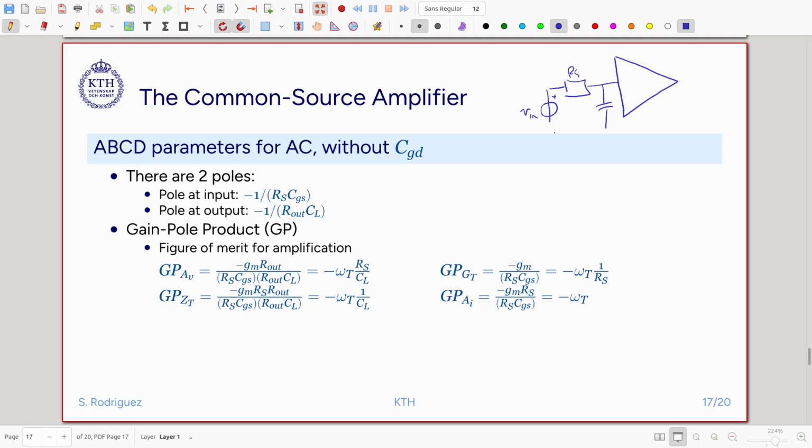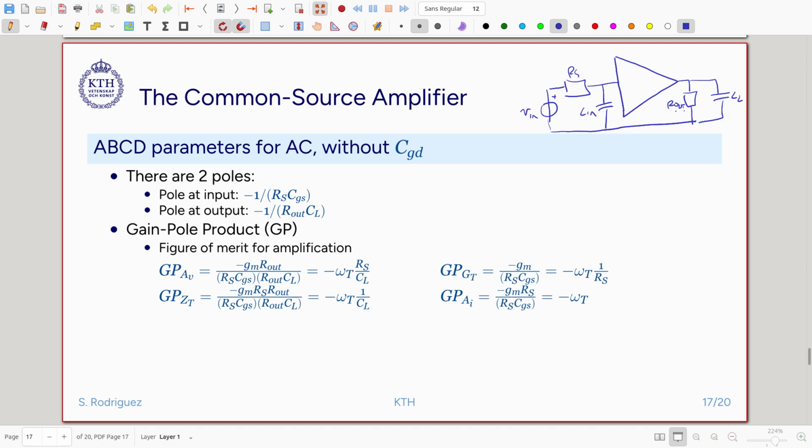We have a total capacitance at the input. And then we have the following: we have CL and we have RL at the output here. So that will be the model for our amplifier.